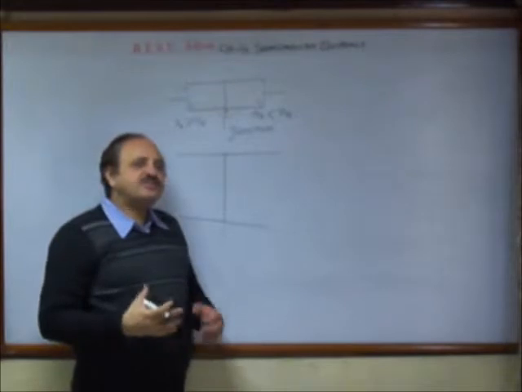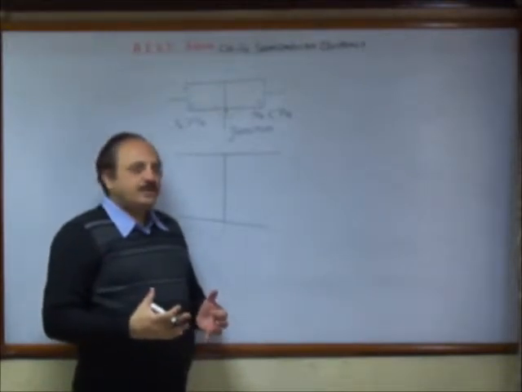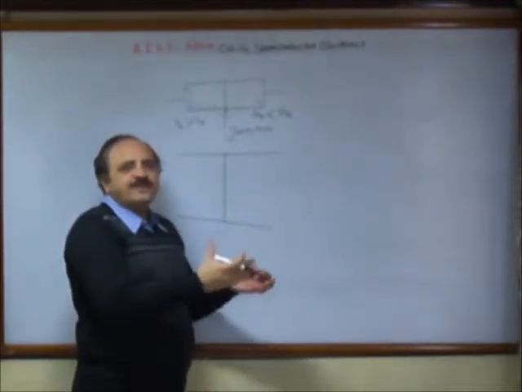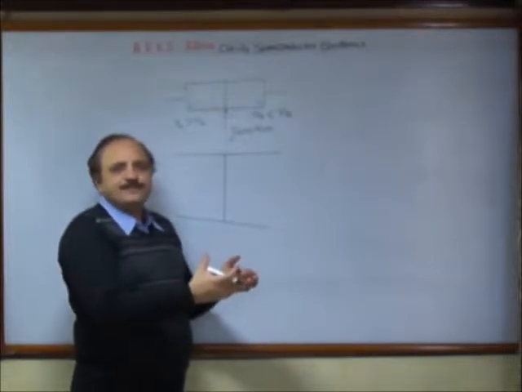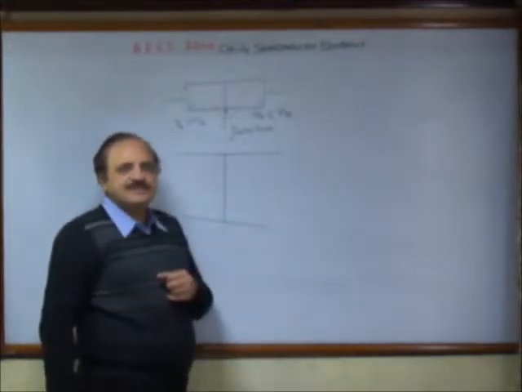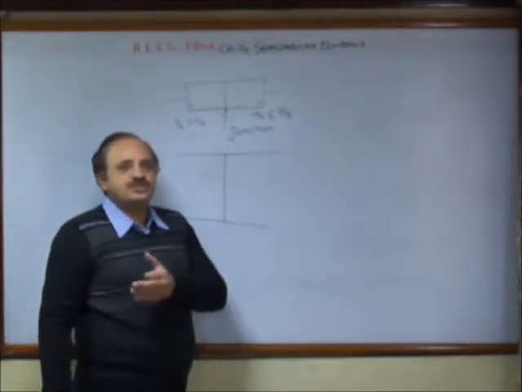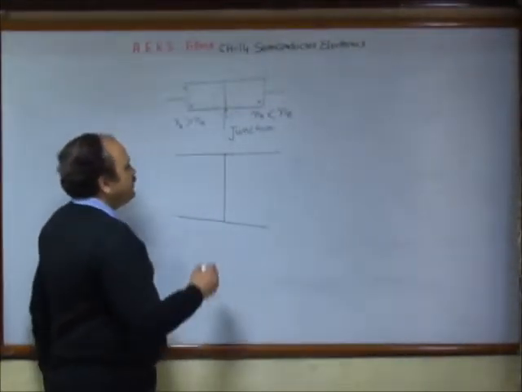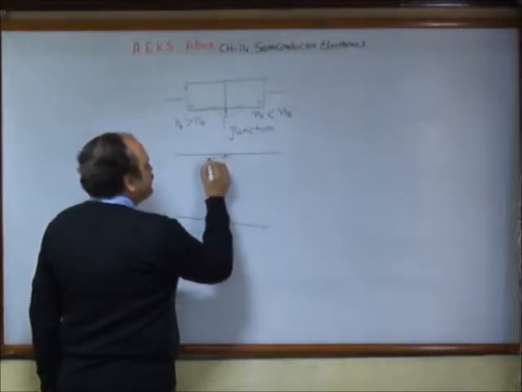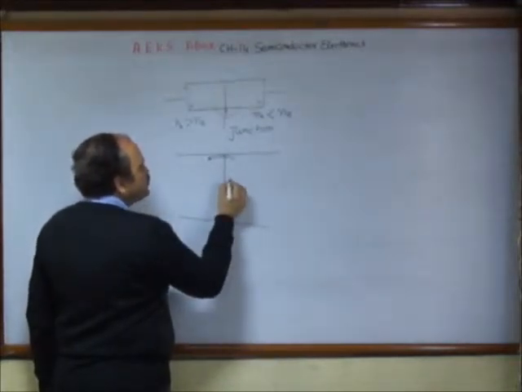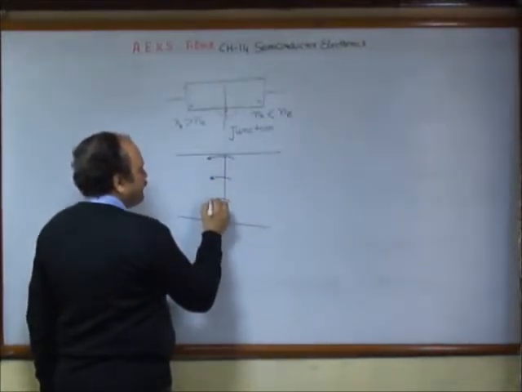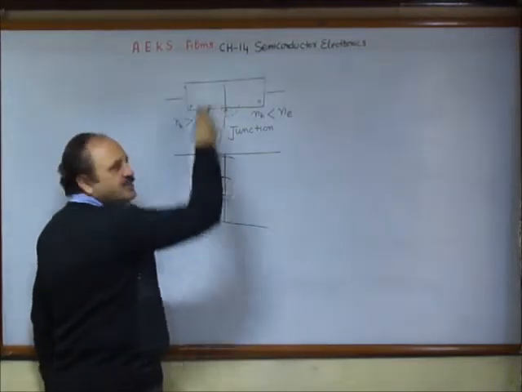Diffusion is a process in which the entities, may be atoms, molecules or ions, or even the electron in our case, move from a high density region to a low density region. This diffusion of electrons from N region to P region starts the moment we make this junction.